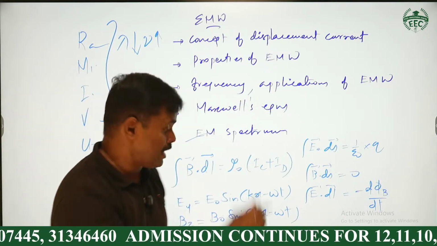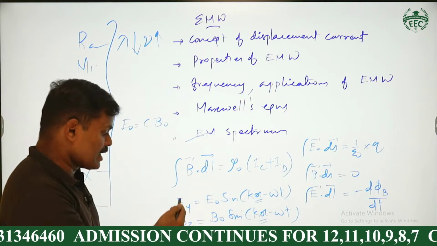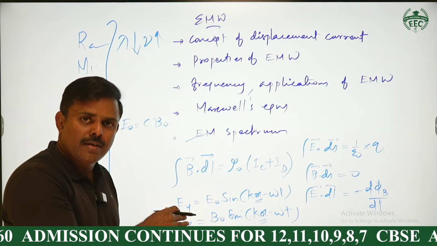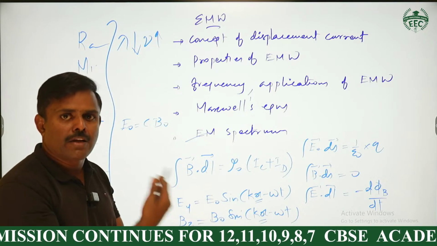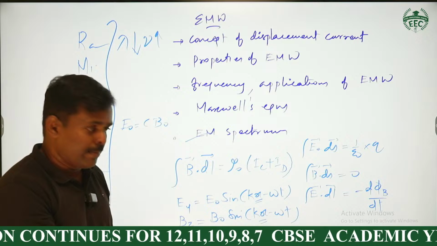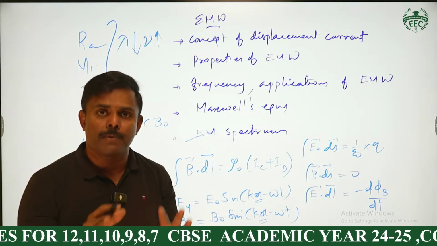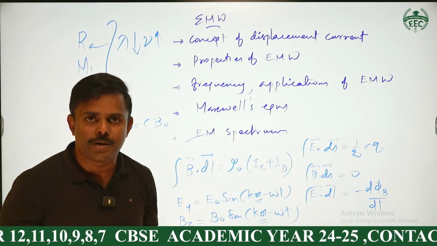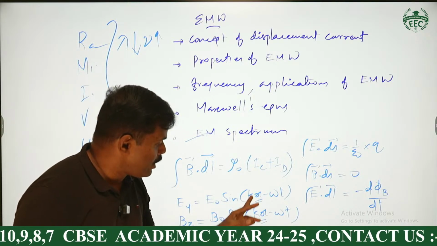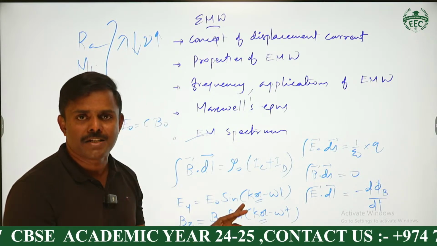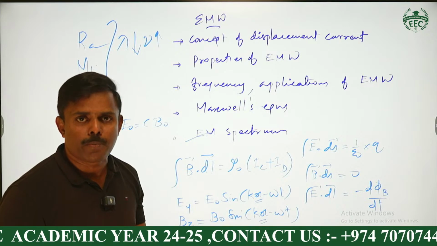Now the electric field must be on y or z. Then the magnetic field will be on z or y. They must be perpendicular. So in short, electric field, magnetic field and propagation vector must be perpendicular to each other. And remember, k is called 2 pi by lambda, the propagation constant.